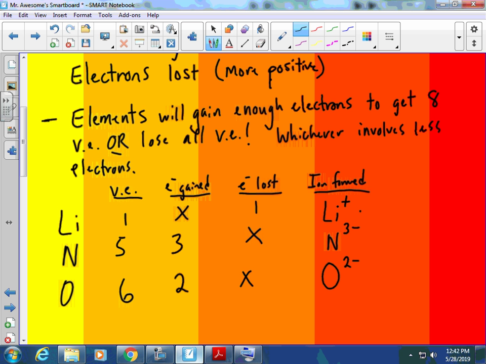Okay, and what is that helping us do at the end of that table? Excellent. Thank you, Deviante. Excellent. So I can predict the ion that will be formed by particular elements.